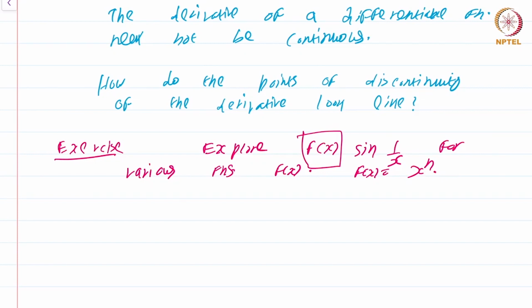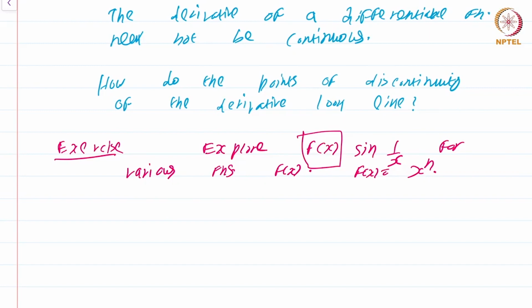Okay. So we have now seen some examples of differentiation, and we have also seen that the derivative does not always behave nicely. Even when you temper the sine 1 by x function appropriately, there seems to be some problem with the derivative. Now, in a later module, I will show Darboux's theorem, which says that the derivative will nevertheless satisfy the intermediate value property.